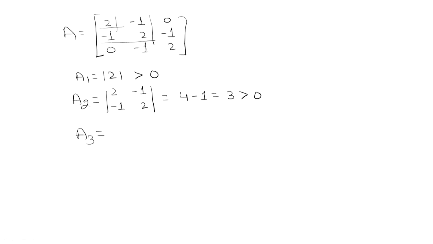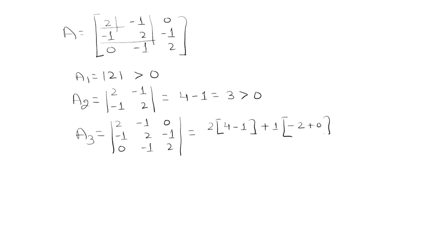Now, check the determinant of A, that is the 3 by 3 minor: 2 minus 1 0, minus 1 2 minus 1, 0 minus 1 2. If I check this determinant, this will be 2 times 4 minus 1, minus minus 1 times minus 2, plus 0.